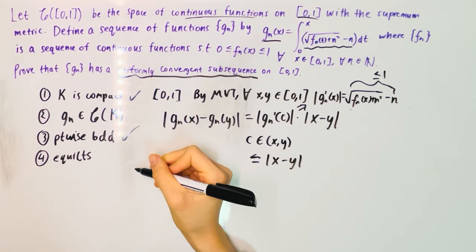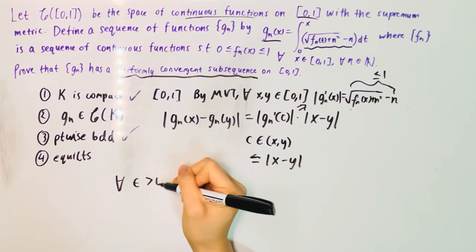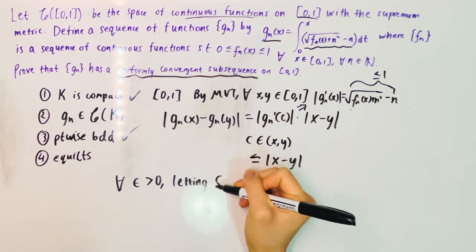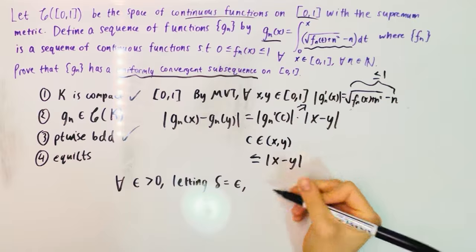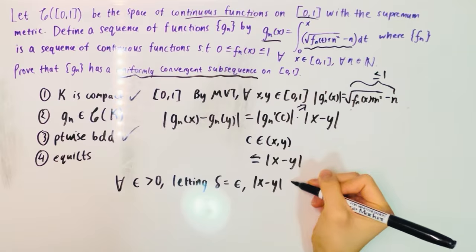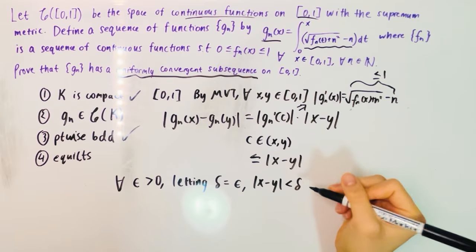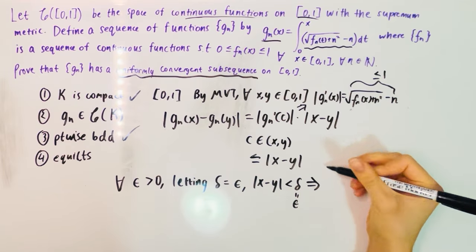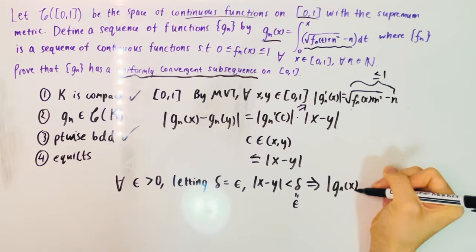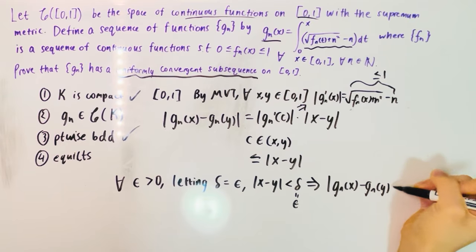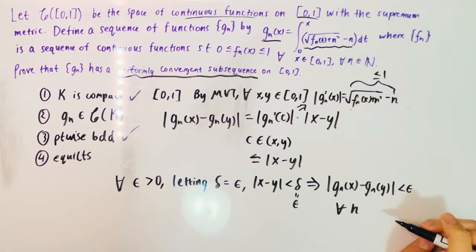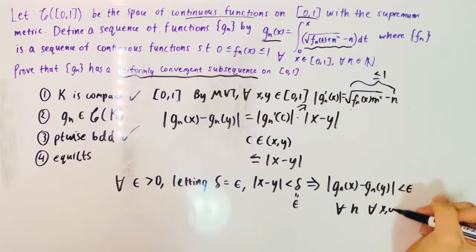So for all epsilon greater than 0, letting delta equal epsilon, we get that |x minus y| less than delta, which is equal to epsilon, implies that |g sub n of x minus g sub n of y| is less than epsilon for all n, for all x, y in our domain.